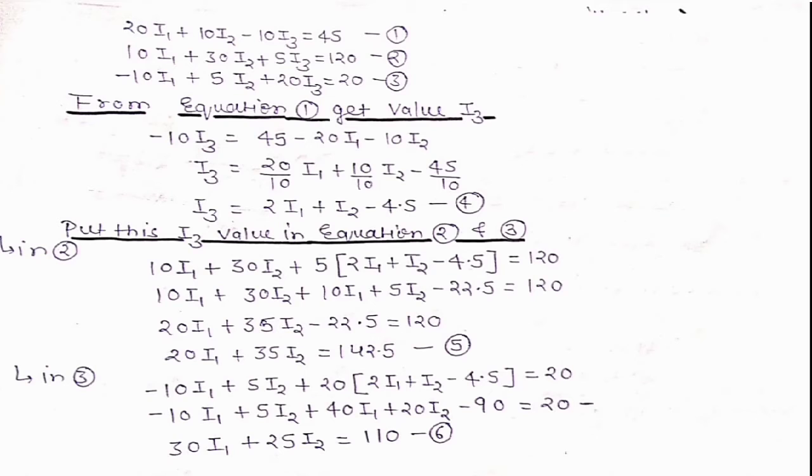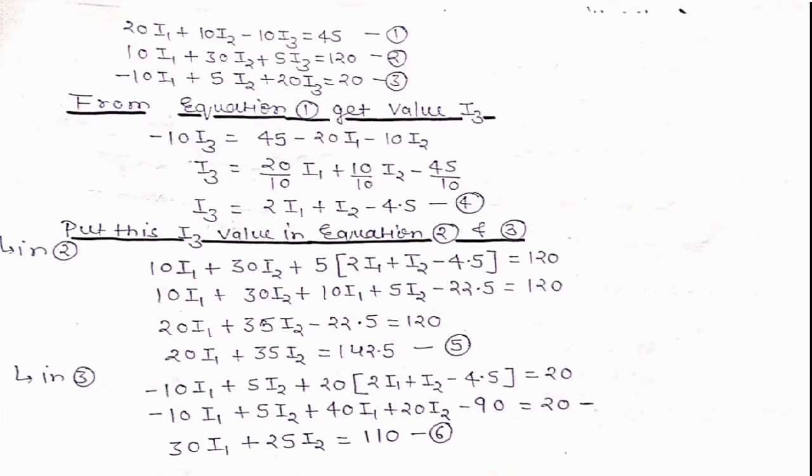When you put this value in equations 2 and 3, you will get a new equation, 20 I1 plus 35 I2 equal to 142.5, and the second one you will get is 30 I1 plus 25 I2 equal to 110.